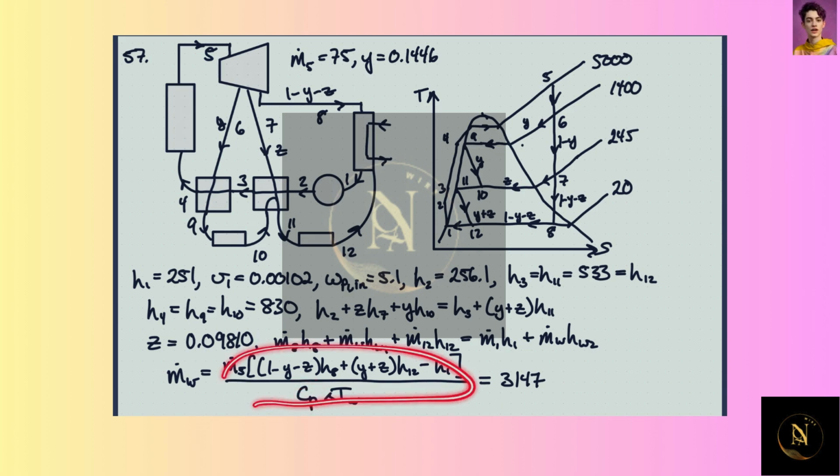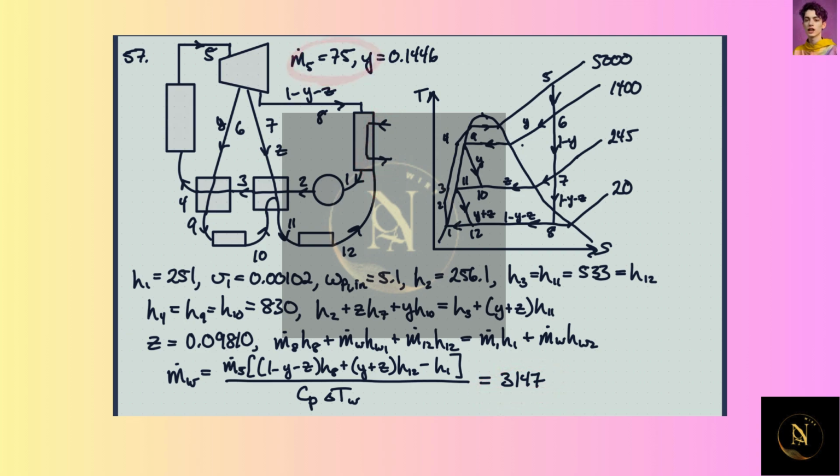Anyway, we can plug all this in. And so basically this here is HW2 minus HW1. Right? So the difference in the enthalpy of the cooling water in and out. Anyway, we get a flow rate of 3,147 kilograms per second.